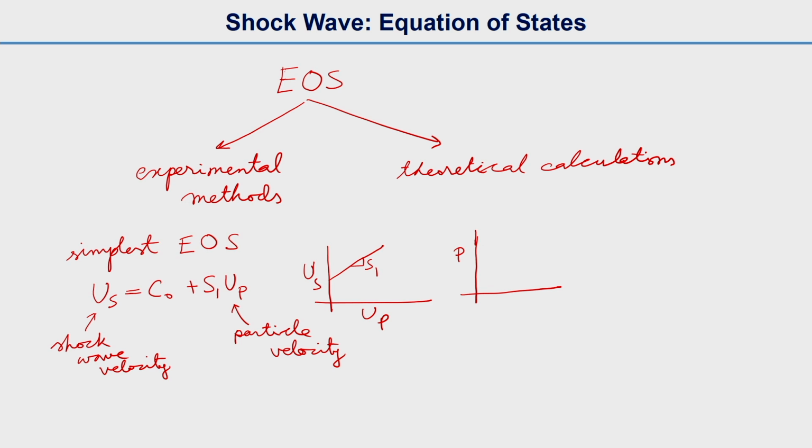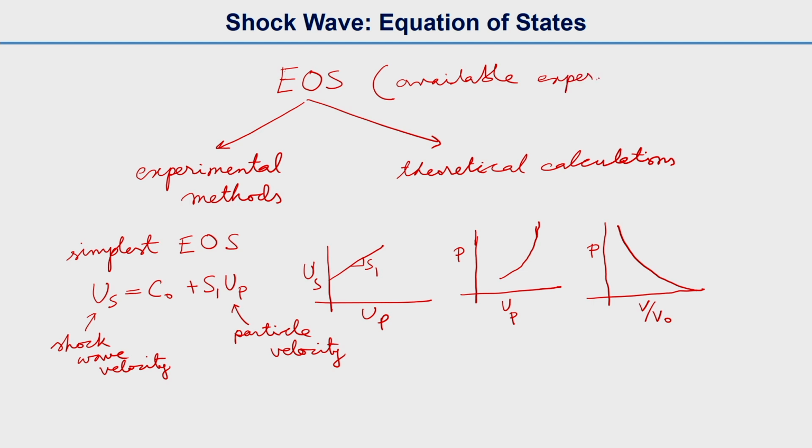We had pressure versus particle velocity, which we found plots like this for some material, and another one, pressure versus specific volume, for which we have drawn curves like this. The equation of state data is available from experiments.